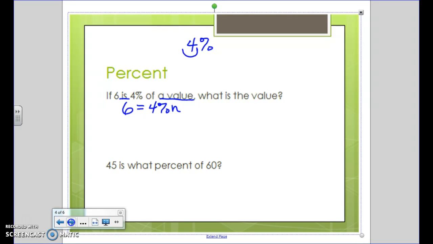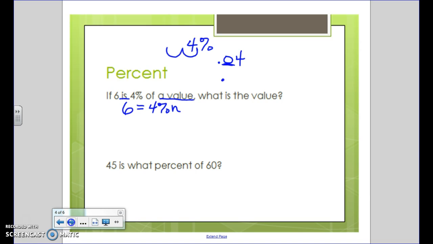Now after I move it once, a lot of you are going to be tempted to just put 0.4 again, but that's not 4%, that's 40%. We had to move the decimal place 2 times no matter what because percent always means per 100, it never means per 10. 2 spots is per 100, so 0.04. So it's very important that we get this 0, and this 0 is significant because it's in front of a number. 0 tenths and 4 hundredths.